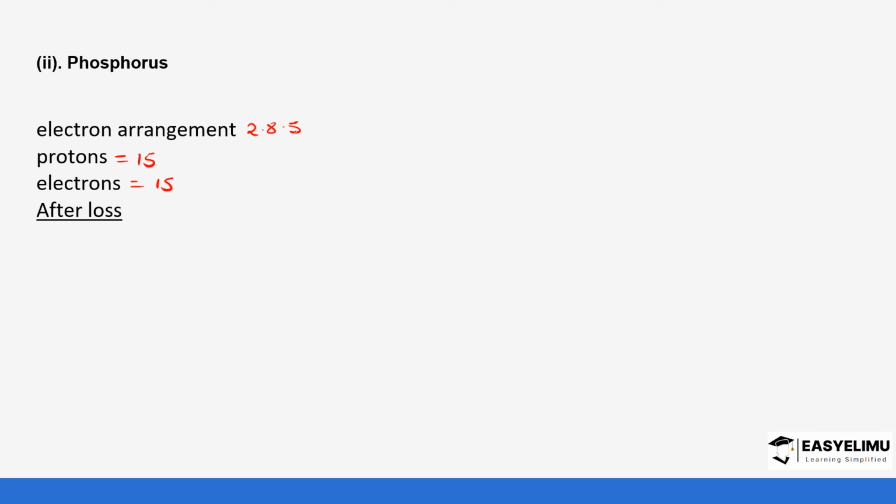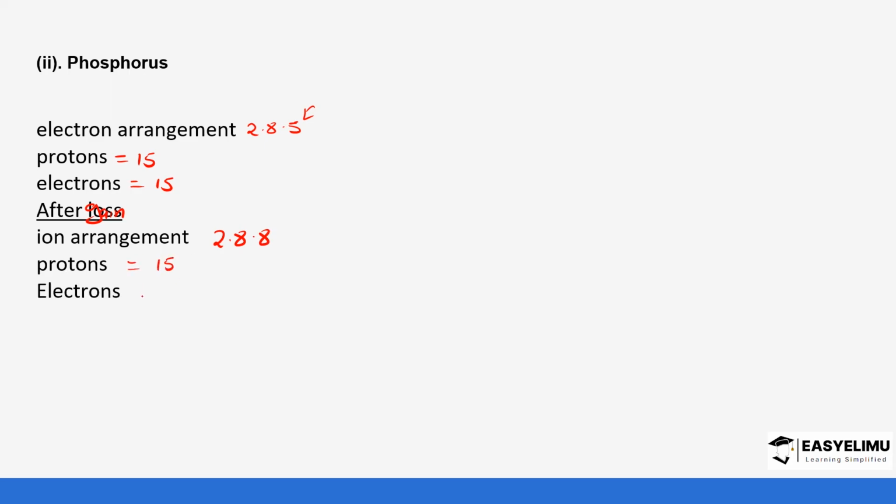So for this element to attain stability, it's going to gain 3 electrons. It is easier to gain 3 electrons than it is to lose 5 electrons. So this is after gaining. The ion arrangement becomes 2.8.8. Then the number of protons remains 15, they do not change.